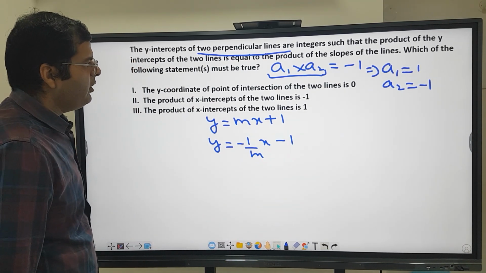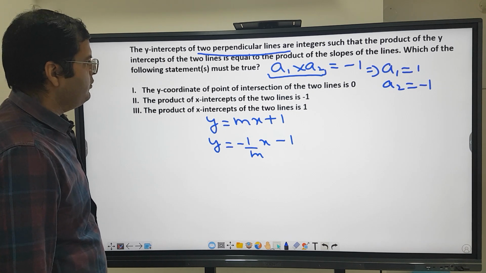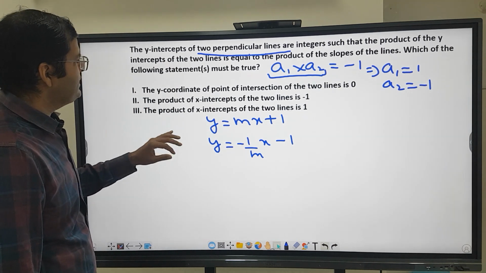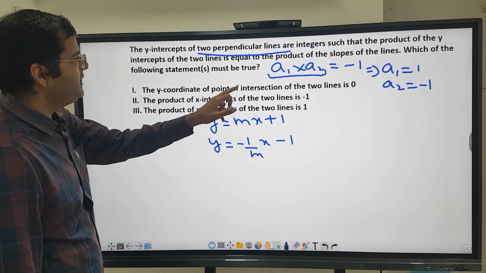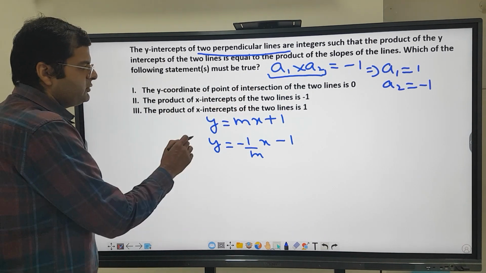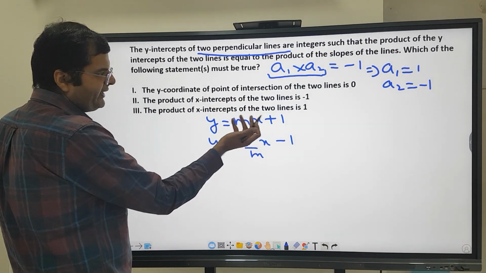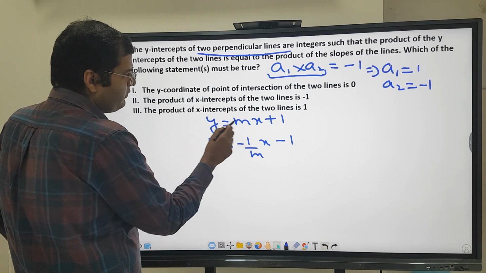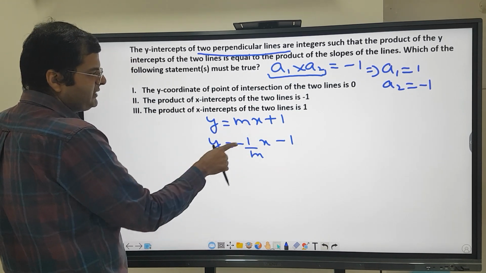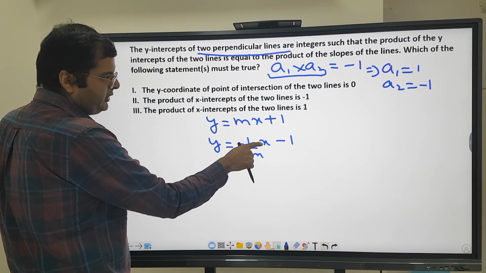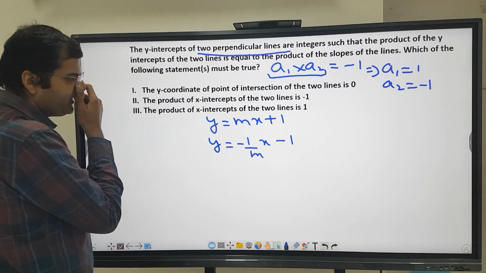Now if I want to solve, what do we have to find? If we solve these lines, the first option says the y coordinate of the intersection of the lines is 0. So if I solve these lines to find the values of x and y, let me do that. So y = mx + 1 in this case, y = (1/m)x - 1 in the second case.